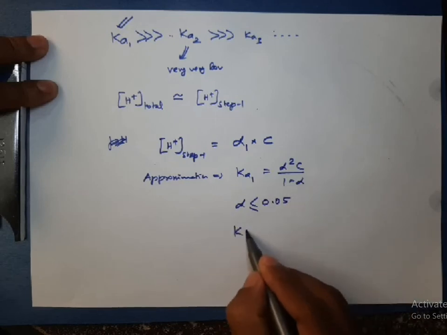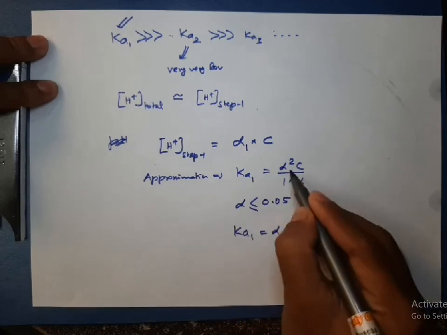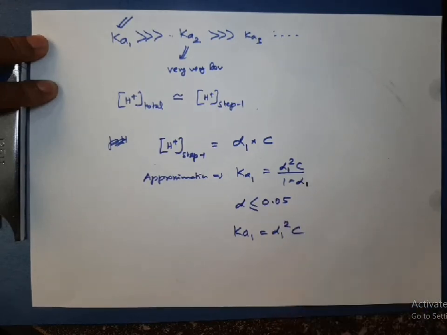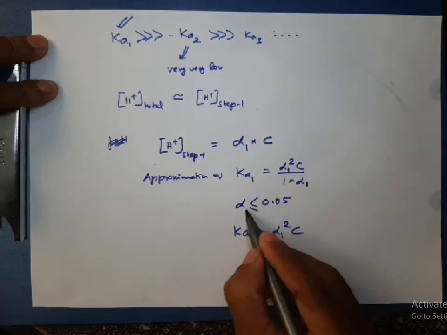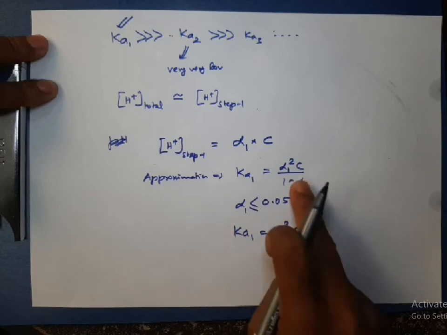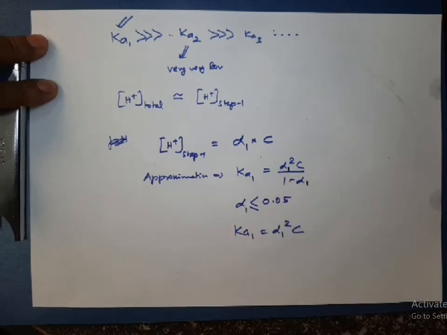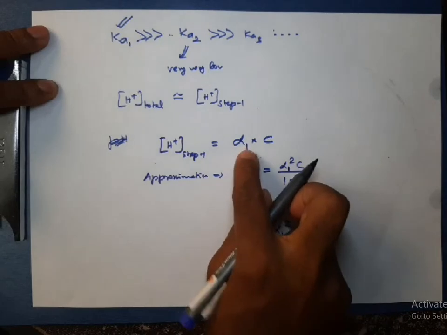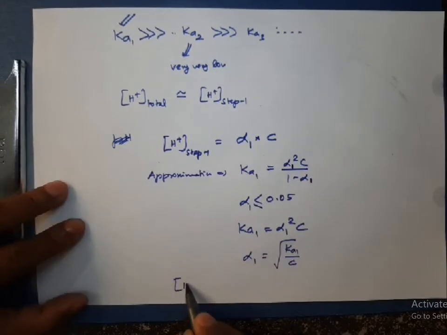So I can write Ka1 equal to alpha 1 squared into C. Then alpha 1 equals the square root of Ka1 by C. Substitute this value here, and we'll get the H+ ion concentration.